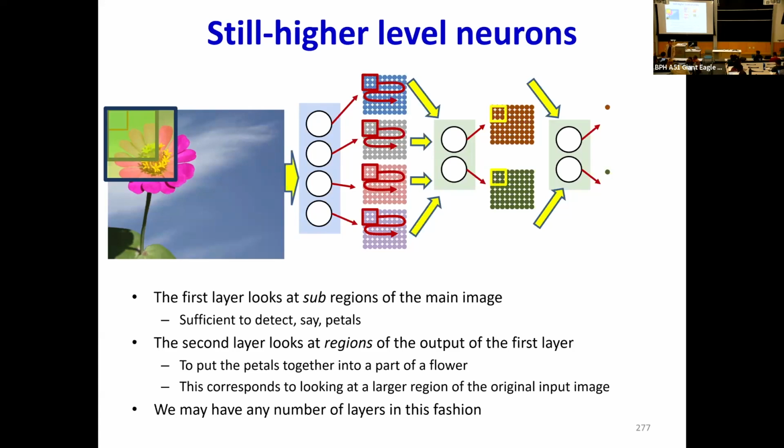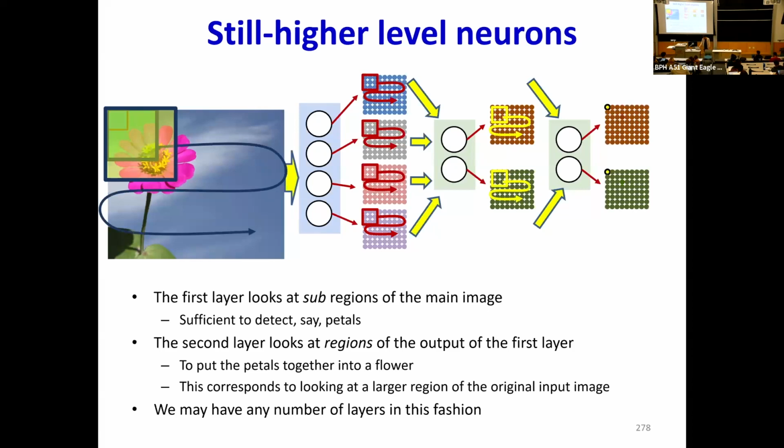And it's even more difficult to determine what exactly it is they're looking for. Nonetheless, they all have some combinations of patterns that they'll fire for. So the receptive field for a neuron refers to the region of the input it's looking at, but also to the kinds of patterns it's looking for, right?